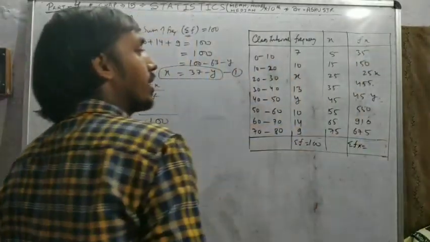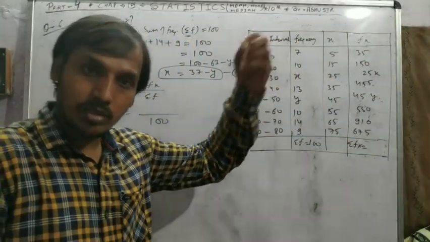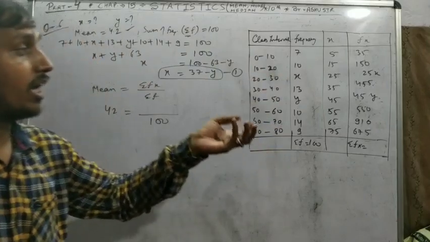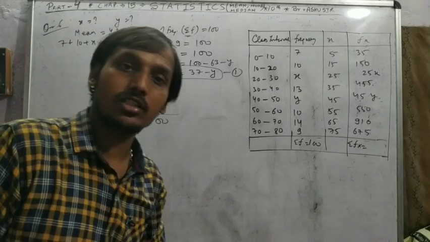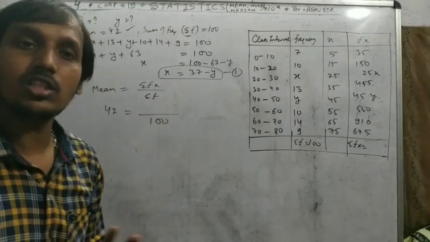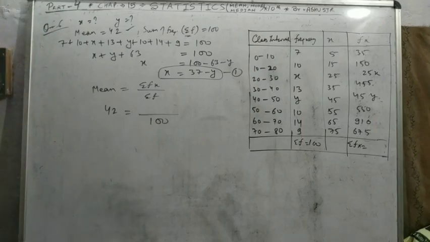Once again check the multiplication, because in this chapter if anything is wrong or misplaced, all the data is incorrect. So check again the multiplication.